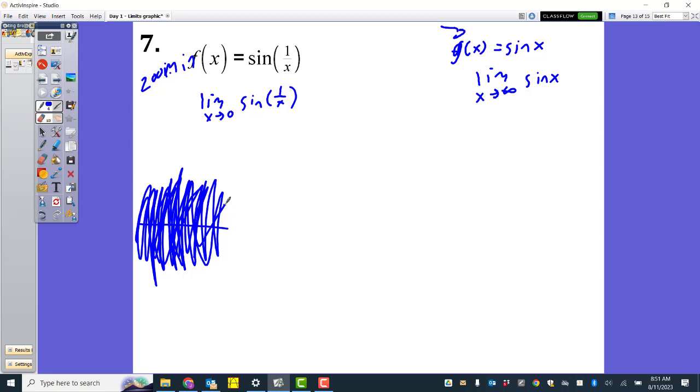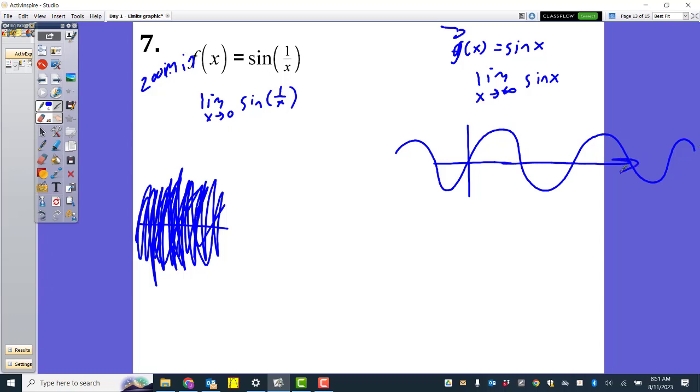Now the reason we put this other one up here as well is because it's another way to see it and to get a visual understanding. So let's think about sine of x. This is the graph of sine of x. As we go to infinity, is this ever going to approach a single number? You should be thinking about the graph of sine and be like, no, it goes on forever. Okay, so it goes on forever. And what is it doing as it goes on forever?